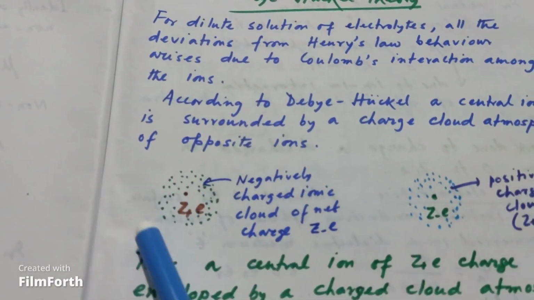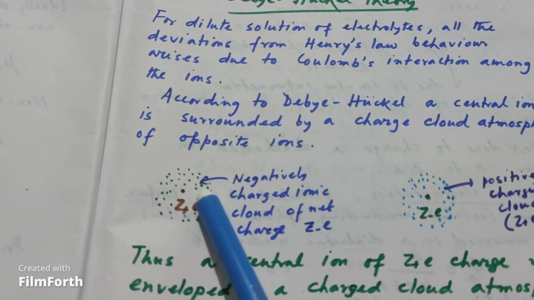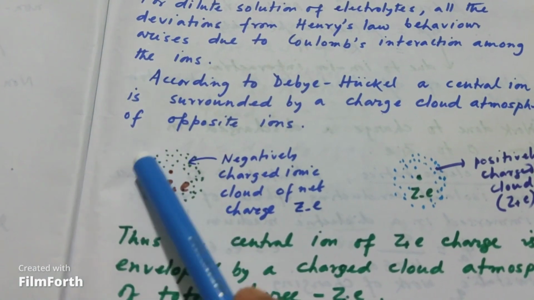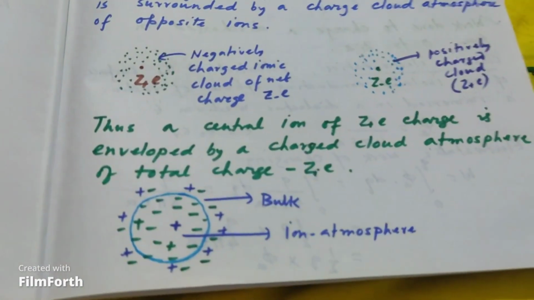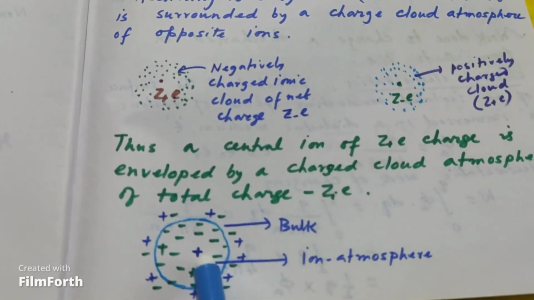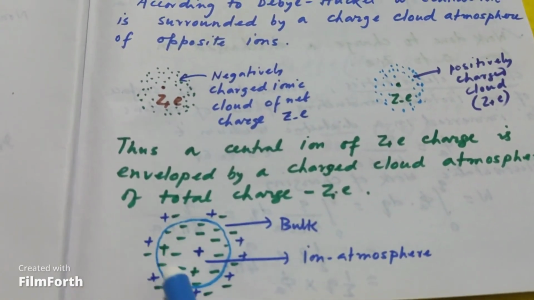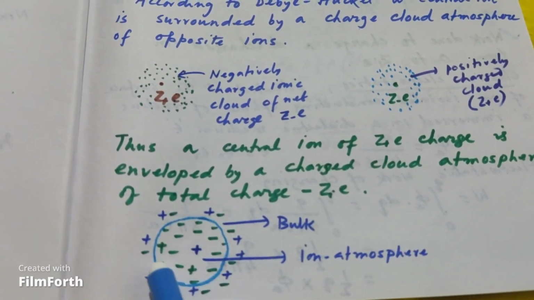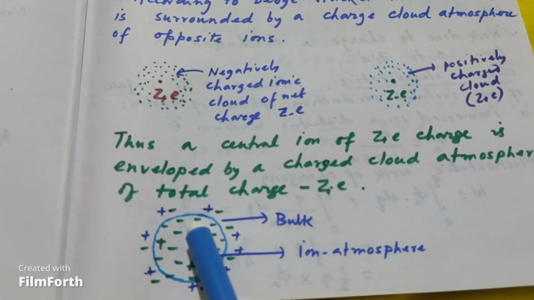In this region there are obviously also some positive charges, but the overall charge is negative. Just like here, this is the central positive ion, and in an electrolyte solution an ion atmosphere forms where mostly negative ions surround the positive ion.